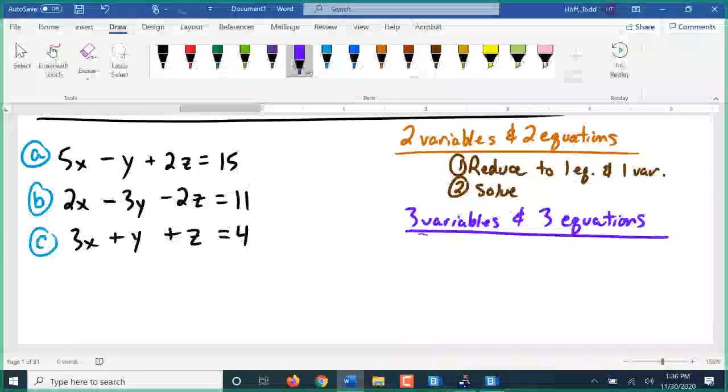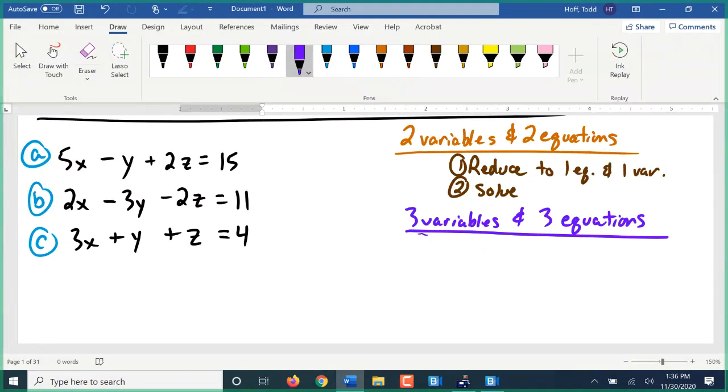If we had 6 variables, we'd have to have at least 6 equations in order to be able to solve it. And they have to be unique equations. We saw in the 2 variable systems, we have equations that are the same line or equations that are parallel. Those don't work. We have to have unique equations.